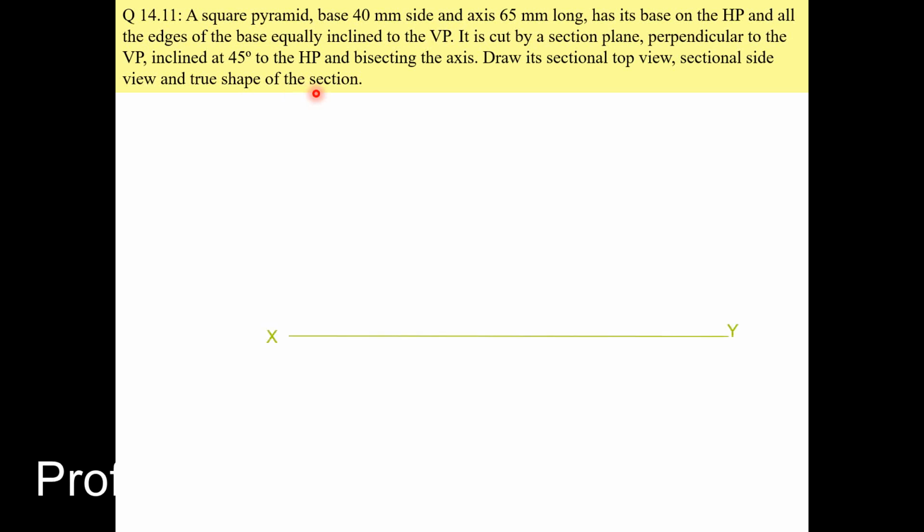First of all, you have to draw a reference line, that is the XY line, and as it is mentioned that all the edges of the base are equally inclined to VP, your edges should be in this way, at a 45-degree angle.